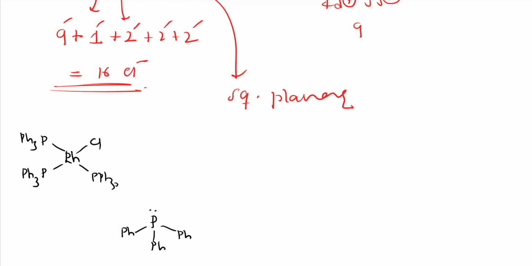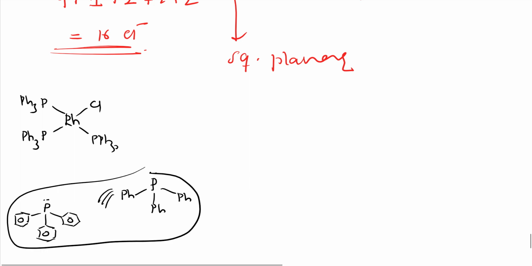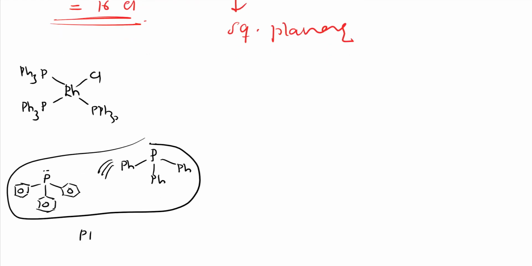Otherwise, if you want it in detail, you can draw one benzene ring like this. Both are the same. Instead of drawing all those things, we simply write PPh3. This you should know.